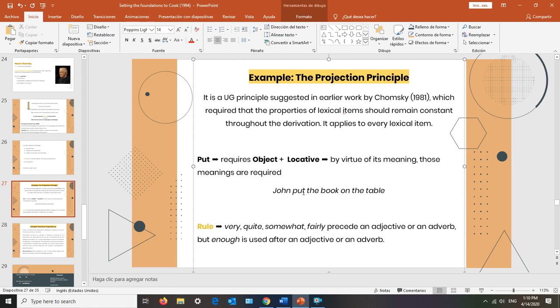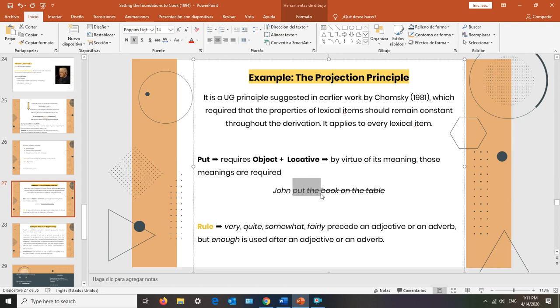And what is it that stops us from making sense? The fact that we are not including in the sentence parts that are required by the very semantics of the verb put in this case. We cannot stop at put and leave those words out, for put requires that the object be specified and that the locative be specified as well.